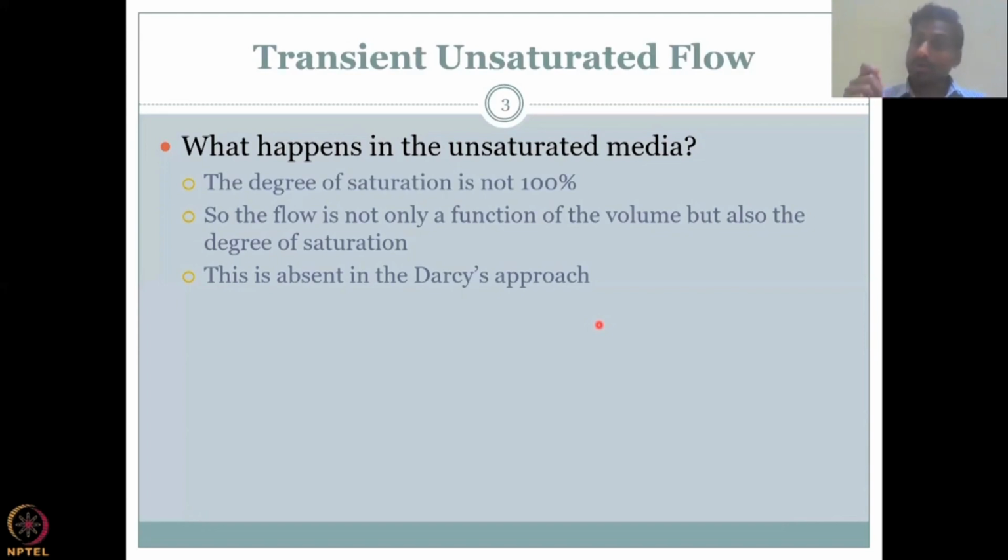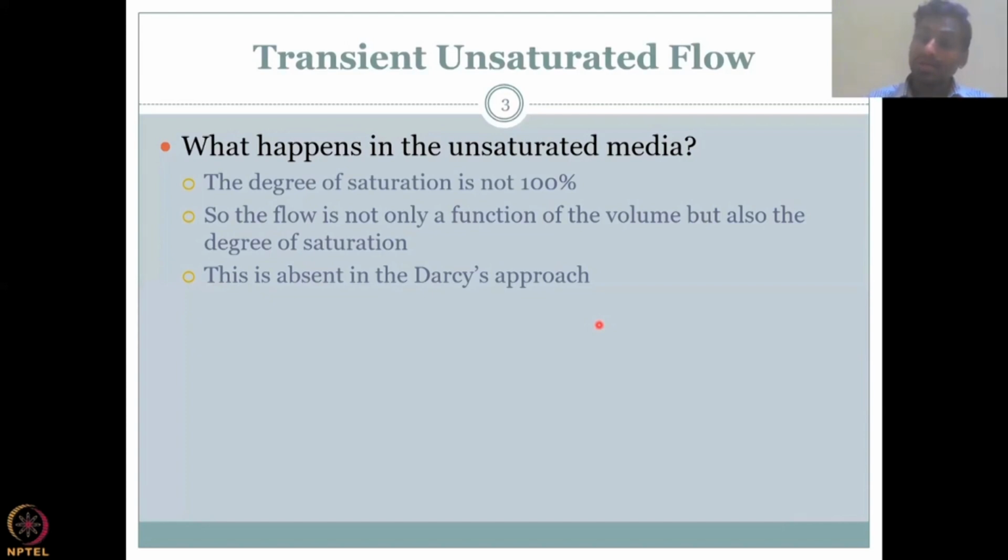So the flow is not only a function of volume and time, which is T0 to T1, and also the volume applied at the top. If you see Darcy's setup, you have Q coming in, and that Q drives the outflow also. But here, it is not only the Q, but also the saturation of the soil material inside the tube that is an important factor.